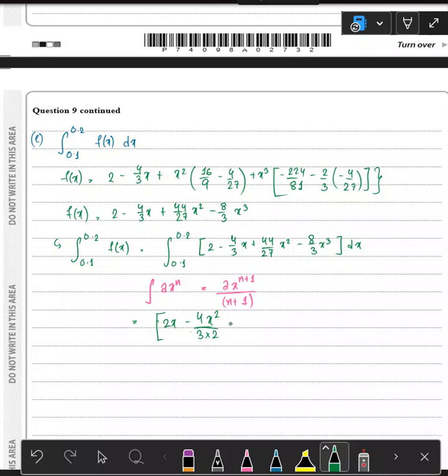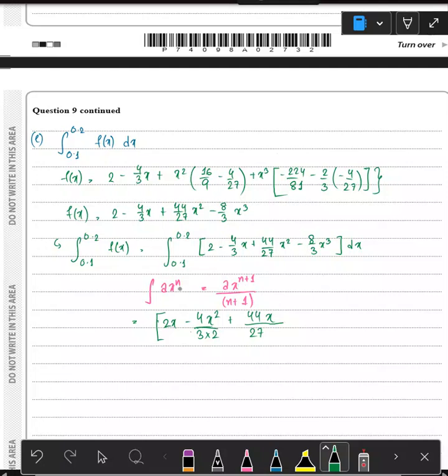Similarly, the same thing I will do for 44 by 27 multiplied by x squared. So 44 by 27 is my a here. A here is 44 by 27. That will remain the same. So plus 44 by 27. And now I'll write the x.